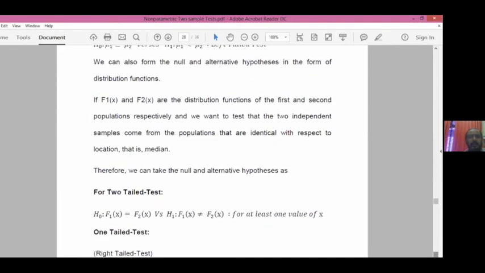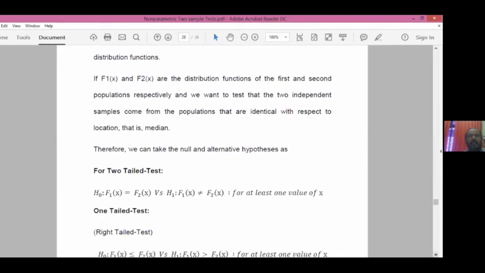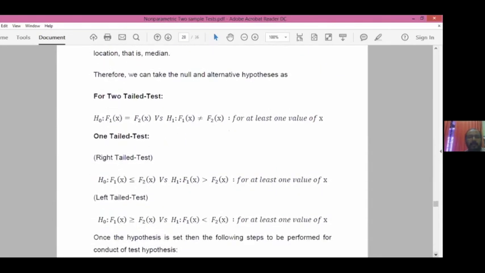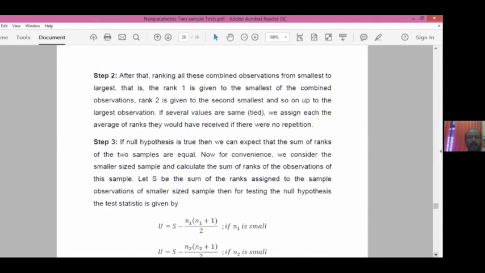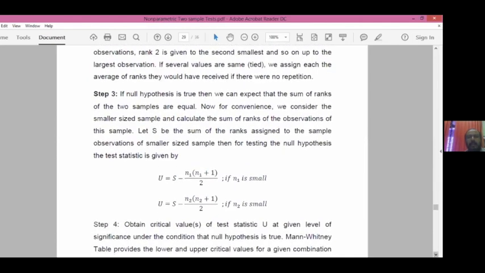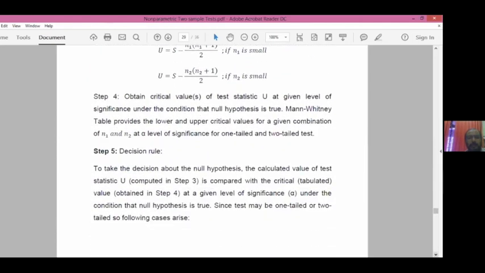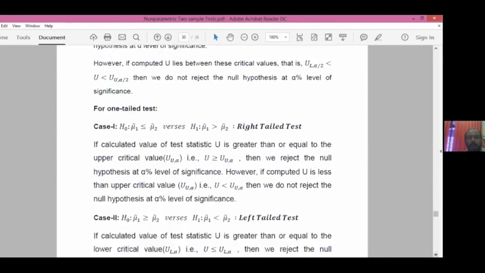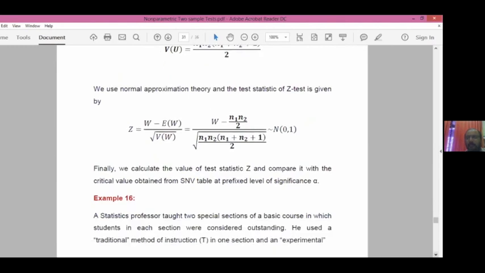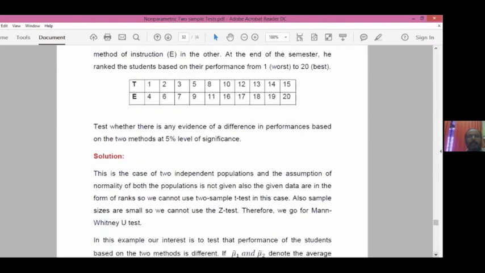This hypothesis can also be defined in distribution form, which I have given here, and then the steps are given here. Rather than that, I want to show some problems so that it will be easier to understand. I have also discussed the large sample case here. This is the one problem I want to discuss with you.